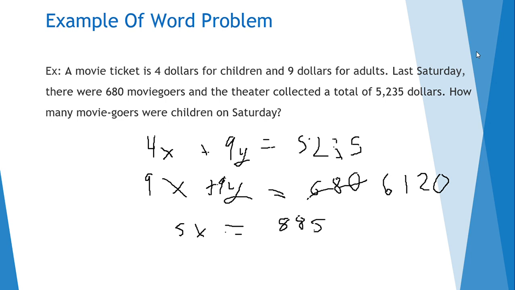Now all I have to do is divide both sides by 5, again using my calculator, and children should be 177. I just find elimination a little bit easier in this case, but you can totally do substitution because you have x plus y equals 680, and that's a really easy equation to just isolate one variable.